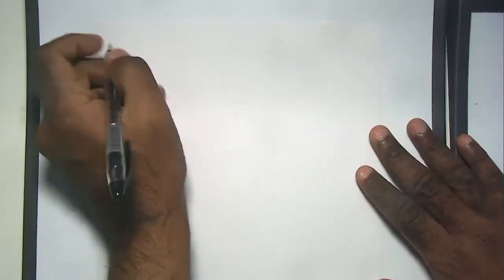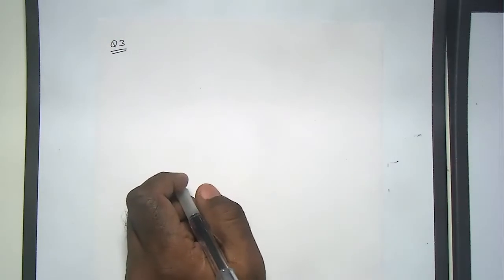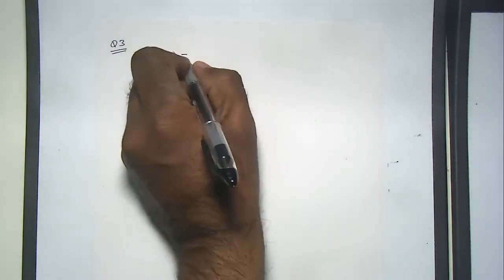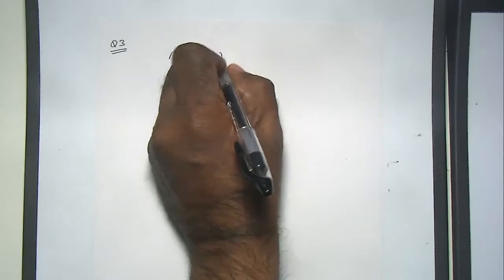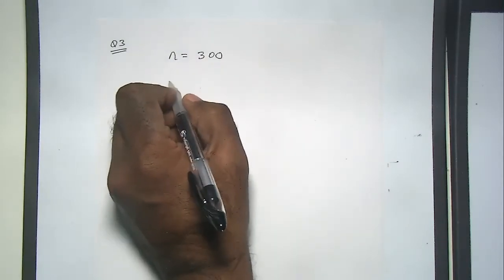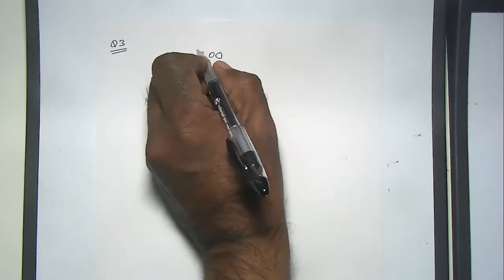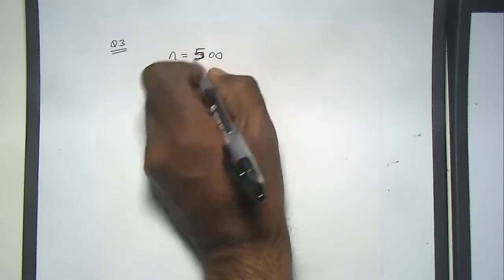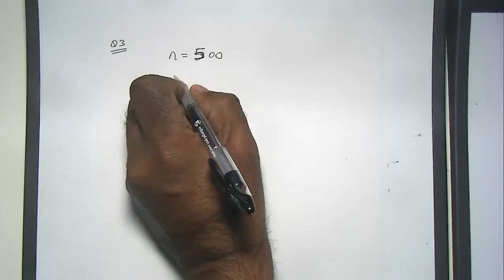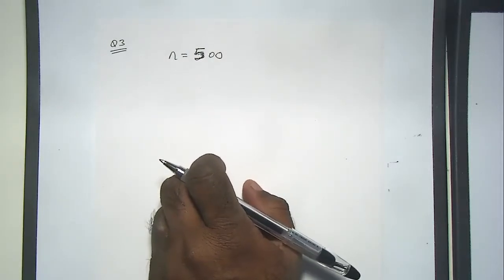So question 3, you are given, can you listen please? You are given n equal to 500, right? Sorry, I can't read it, it's 500. And there were 80 found to have 3 or more TV sets.